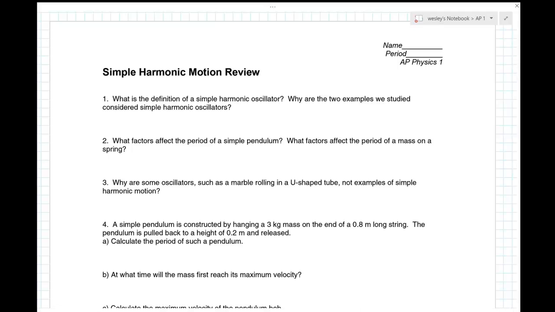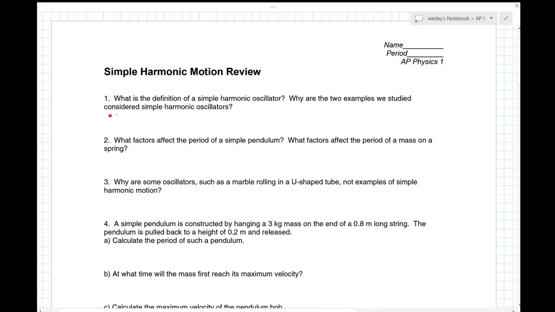So, for a simple harmonic oscillator, first thing we're going to say is that the net force always points to equilibrium. That's the first thing that makes it different than regular oscillatory motion.